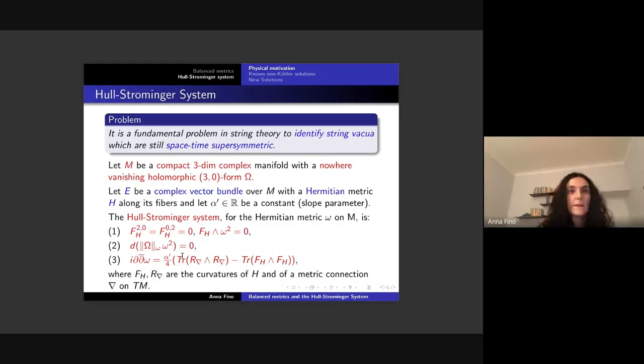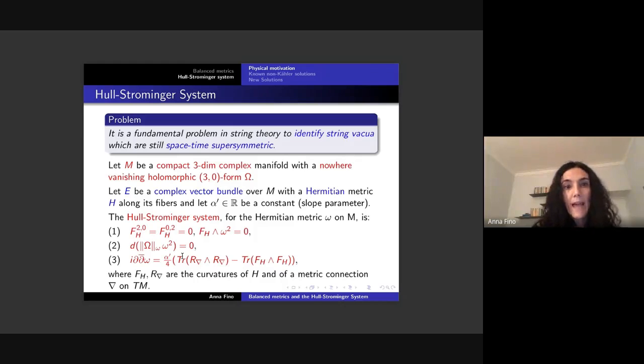So let's consider M a compact complex manifold of complex dimension 3, which admits a nowhere vanishing holomorphic (3,0)-form. Let's call it big omega. And let's consider a complex vector bundle E over M, with a Hermitian metric H along its fiber, and a constant, the Slope parameter alpha prime, a real number.